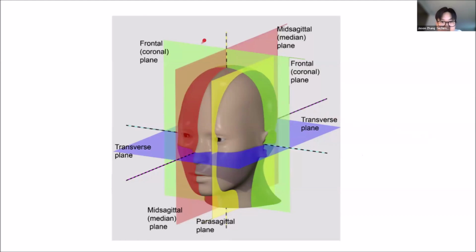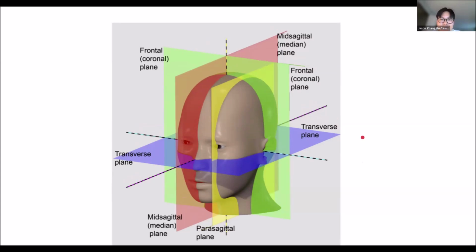Okay, and then we have different planes. We live in a three-dimensional world, so there are 3 different planes that we care about. First is the frontal or the coronal plane. This is the green box here, where you're slicing the image from the front like this.